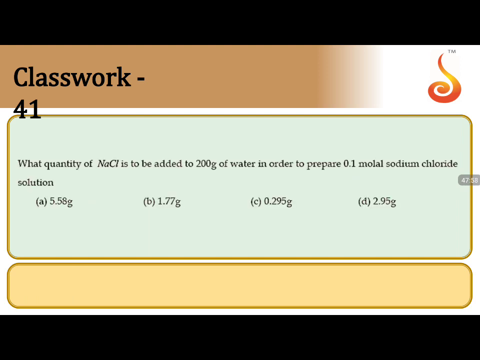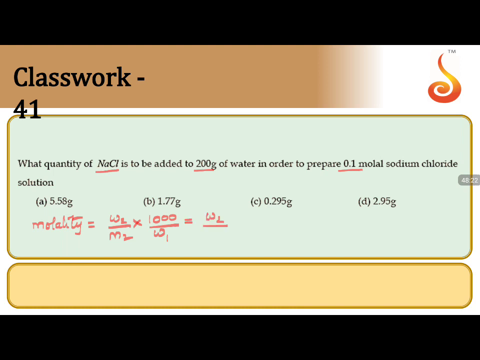Moving to 41. What quantity of NaCl is to be added to 200 grams of water in order to prepare 0.1 molal NaCl solution? So molality is equal to number of moles of solute, W2 by molecular weight, into 1000 by weight of solvent. So we need to know the quantity.